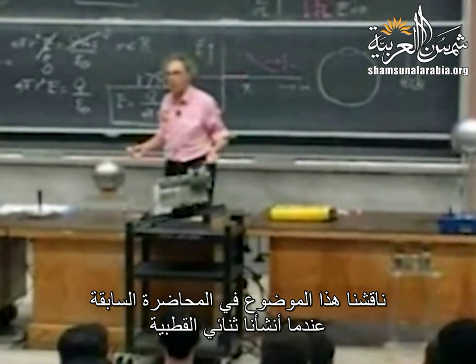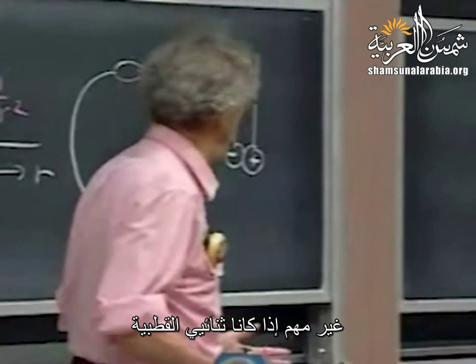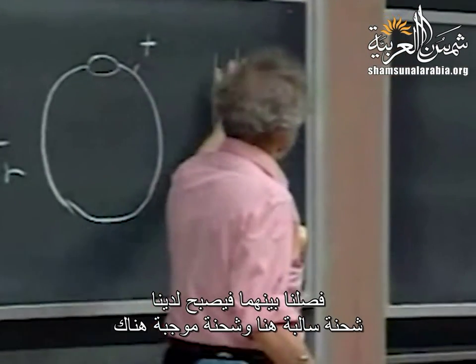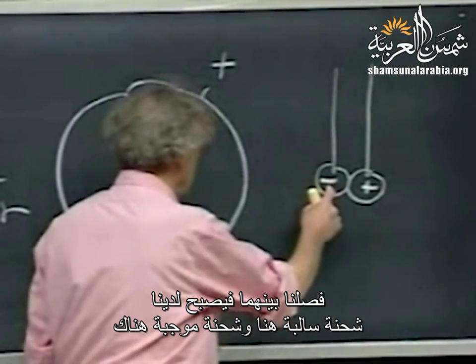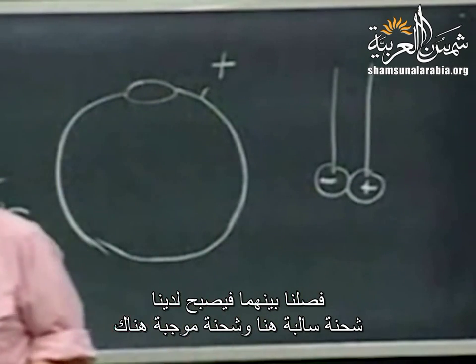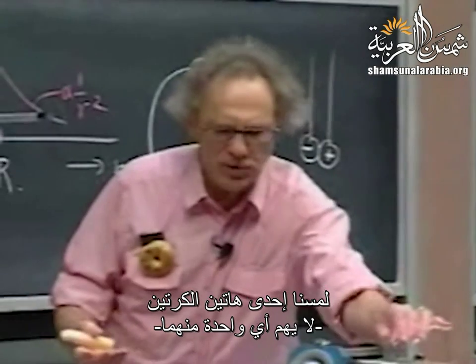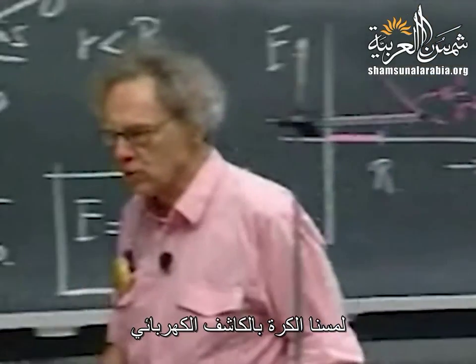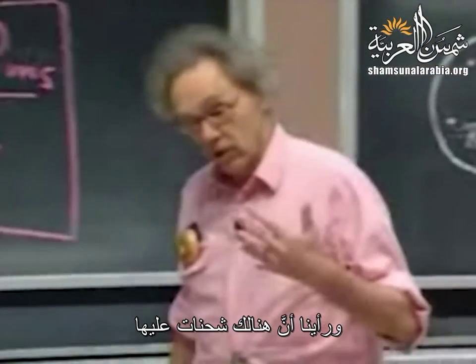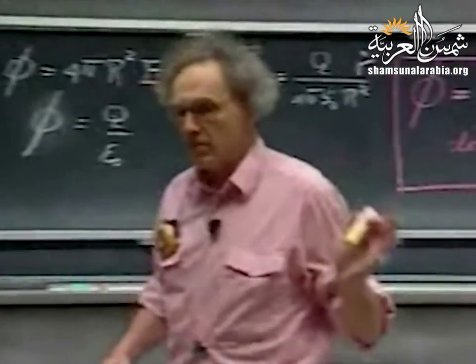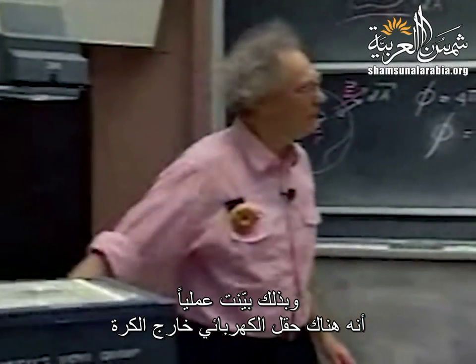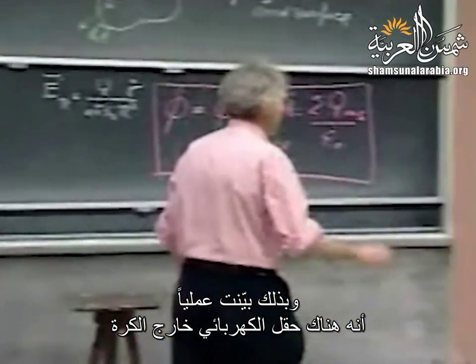You create a dipole. Not important that it is a dipole. I separate the two. I have negative charge here and positive charge there. I will touch any one of these 2 balls, it doesn't matter which one, with the electroscope, and you will see that there is charge there. So I have demonstrated then that there is an electric field outside that sphere.